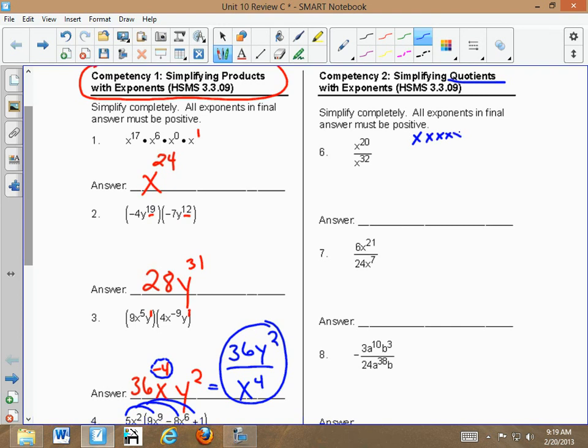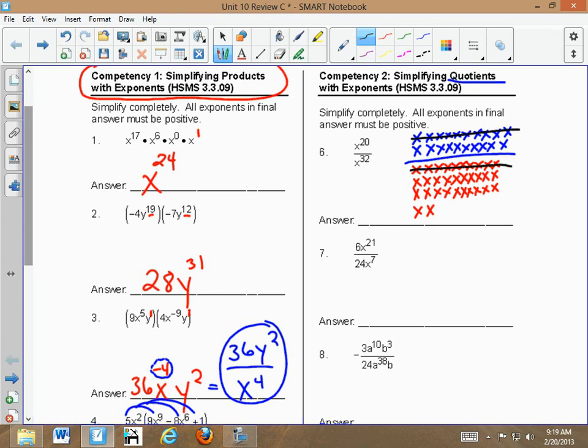Counting them out one by one. Now, these 10 x's cancel out these 10 x's, leaving me 12 x's on bottom.